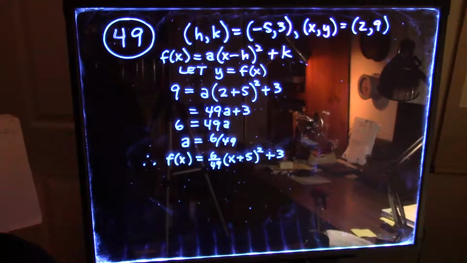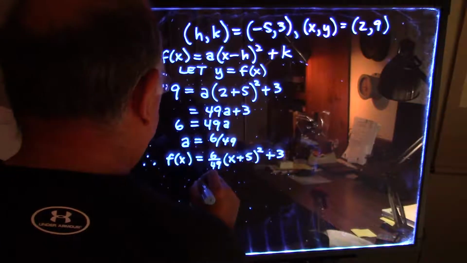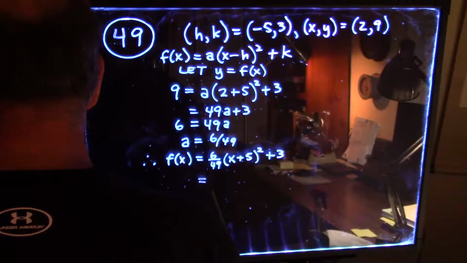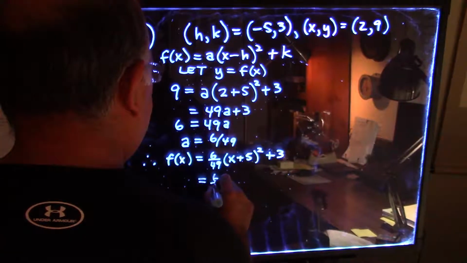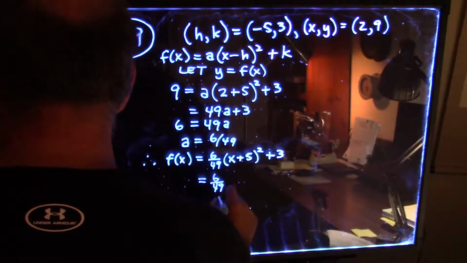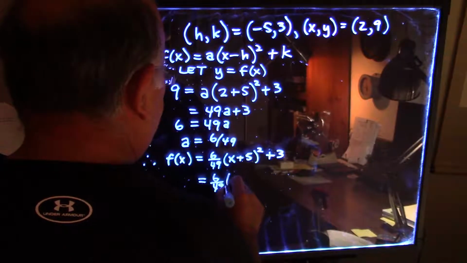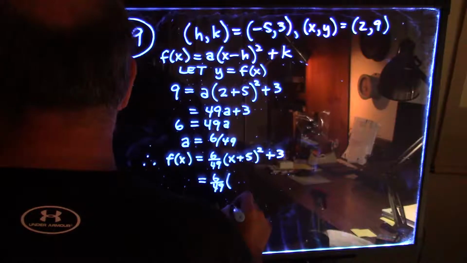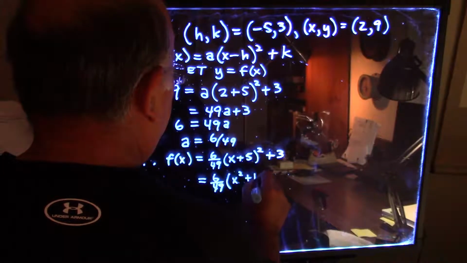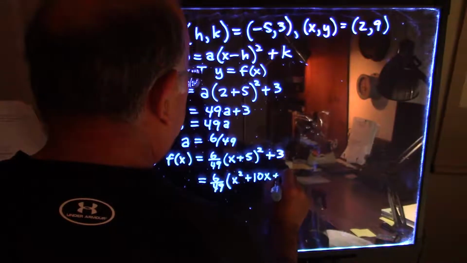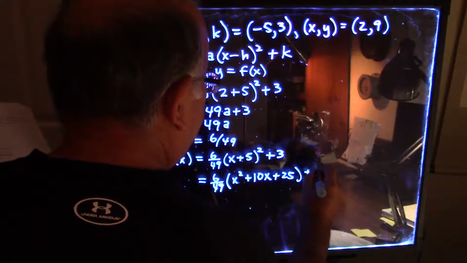And I'm writing small because I think I'm going to need the space to simplify this, because of our nice little fraction here, 6/49. Expand the x plus 5 quantity squared, that gives you x squared plus 10x plus 25, in parentheses, plus 3.